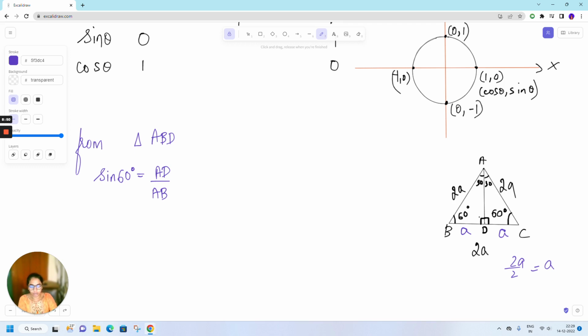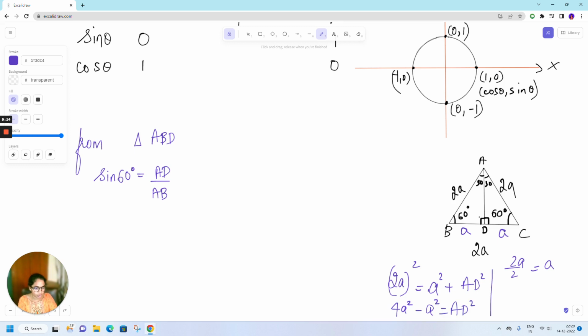Now we have the side AB is 2A, right? Hypotenuse square is equal to the sum of squares of the other two sides, that is the Pythagoras theorem. So this would be 4A square minus A square is equal to AD square.